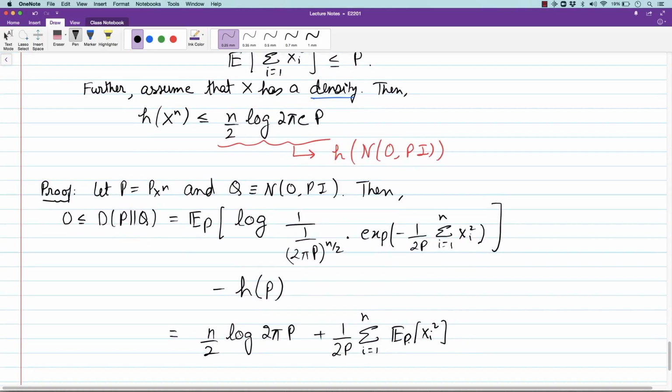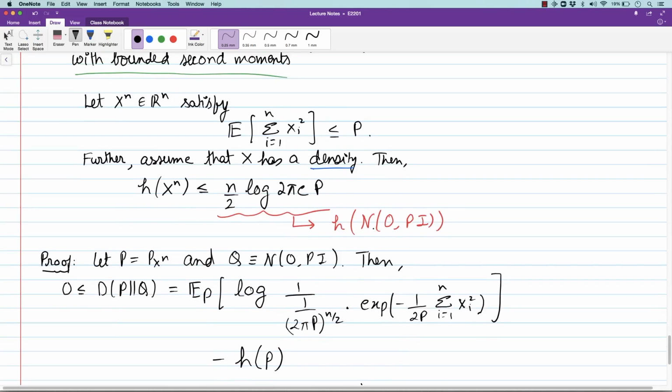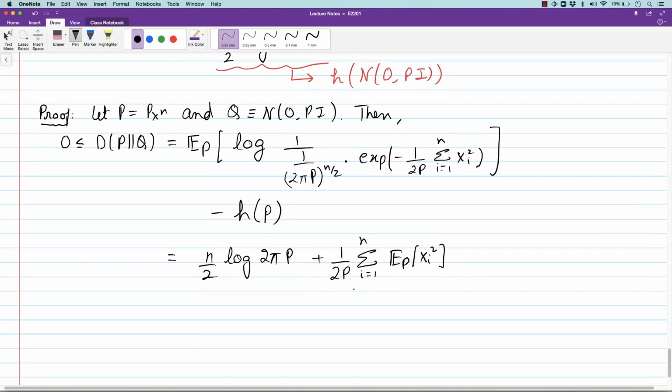By our assumption, this whole sum here is less than or equal to P.